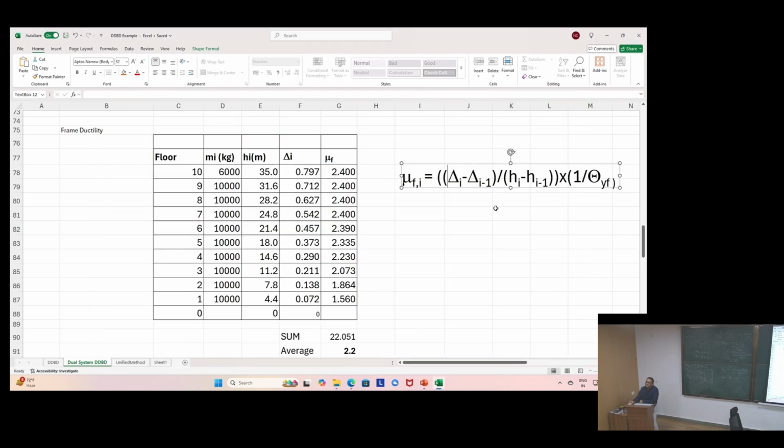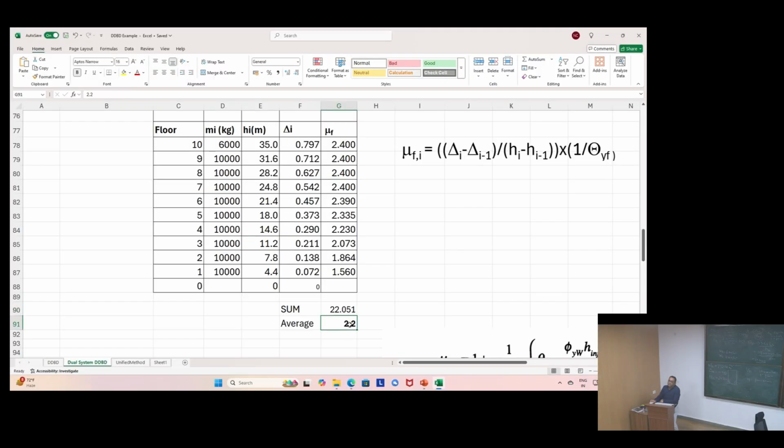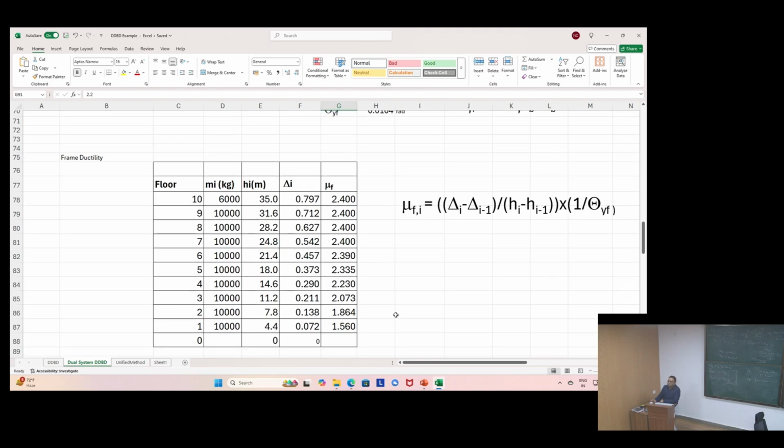Add that into your Excel spreadsheet. Your frame ductility equation will give you the frame ductility for each story, and then you do a sum and an average, which is roughly equal to 2.2, but we can see what you get.